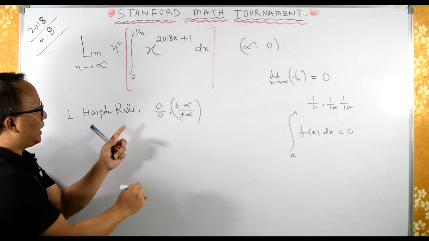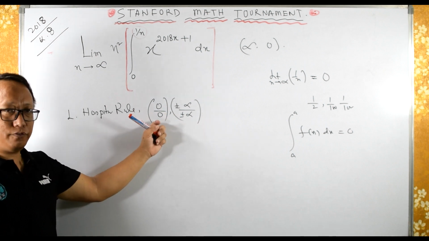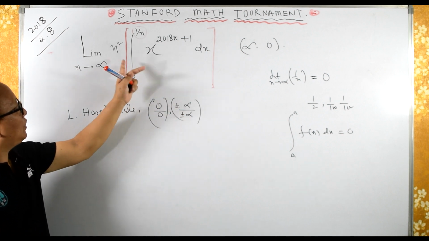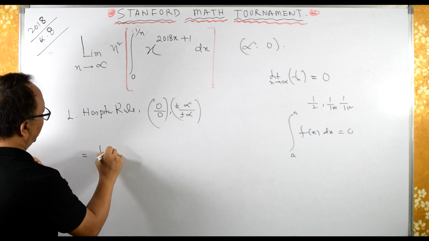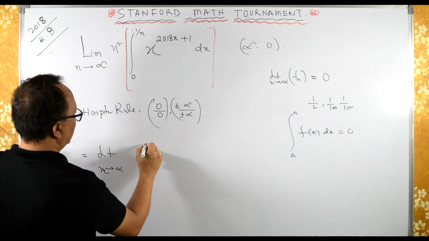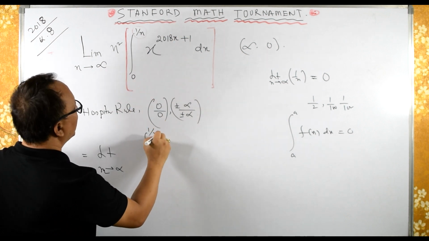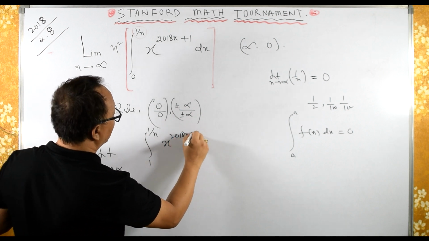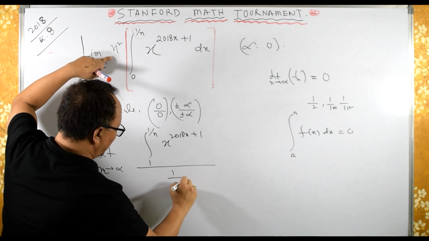In order to make this, what I can do is: limit of n tends to infinity, this n I can bring down, 1 upon 1 by n, times the integral of x raised to 2018 x plus 1, and I can write 1 upon n square.